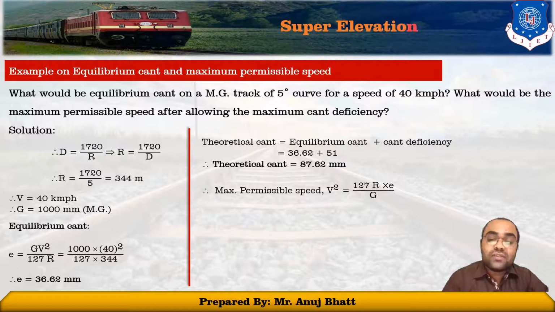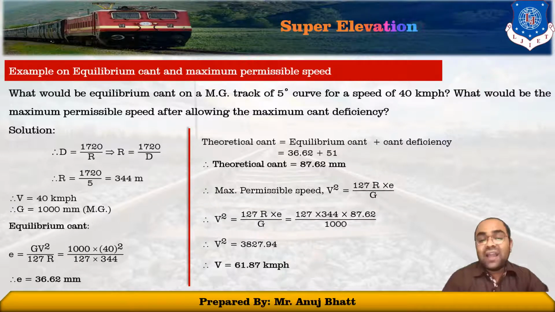Substituting all these values in the formula, we will get the value of V as 61.87 kilometer per hour.